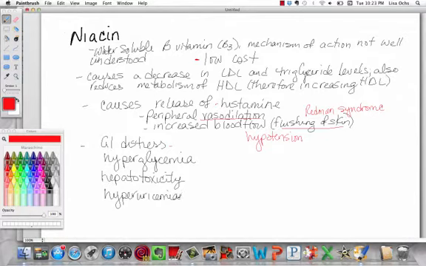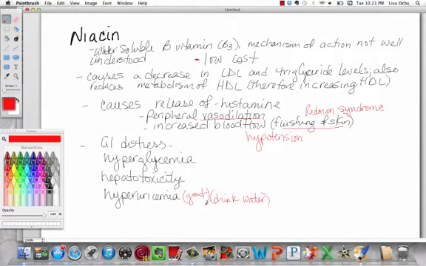If the patient has a history of gout, that's where the uric acid crystals will build up in the joints. This could be a problem for that patient. Patients should be encouraged to drink plenty of water to eliminate that possibility.